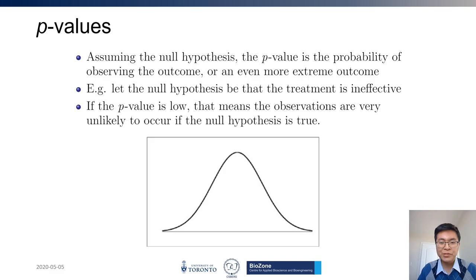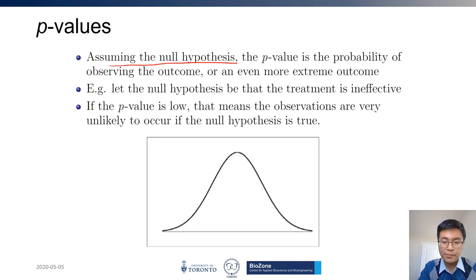Now, I mentioned frequentist mode reasoning, and one of the tools it has is to compute p-values. So before we talk about what's wrong with p-values, we need to understand what they are. So let's assume the null hypothesis. What is the null hypothesis? It's essentially the assumption that your control group is the same as your treatment group.